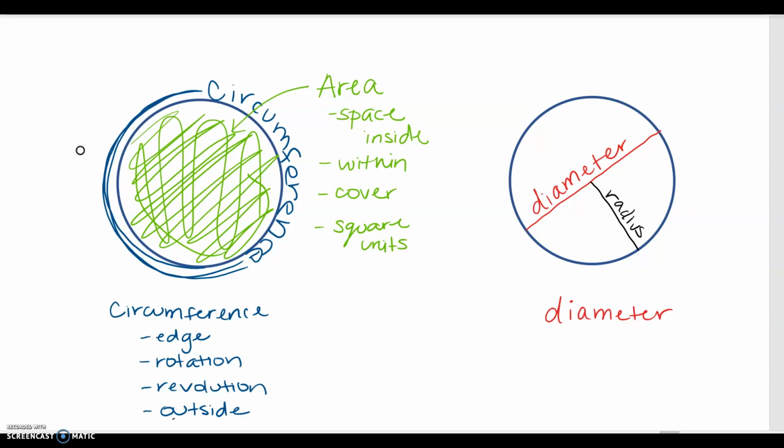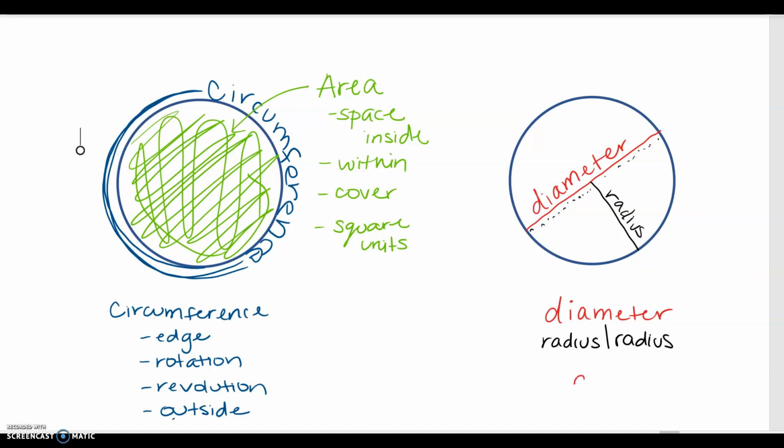One radius plus another radius equals your diameter. Radius is a shorter word. There's one radius, there's another. Two of them make up my diameter.